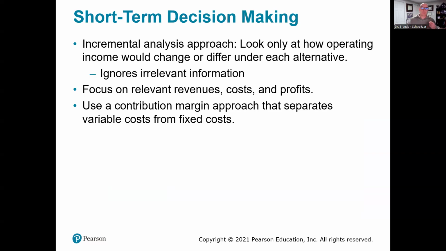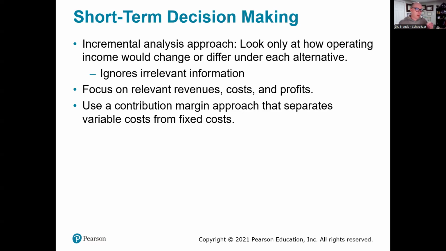When it comes to our short-term decision making, we're looking at, as it says, in the short term, so 12 months or less. And we use an incremental approach. So we're looking at what the impact to our operating income would be under each alternative incrementally, right? So each additional sales dollar incrementally. We ignore irrelevant information in our decision-making process.